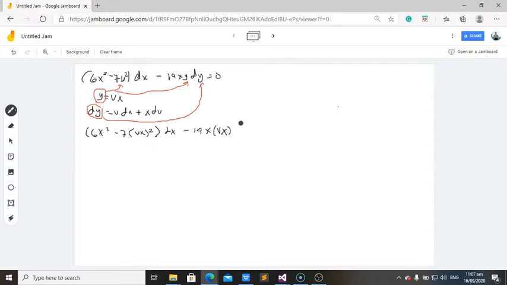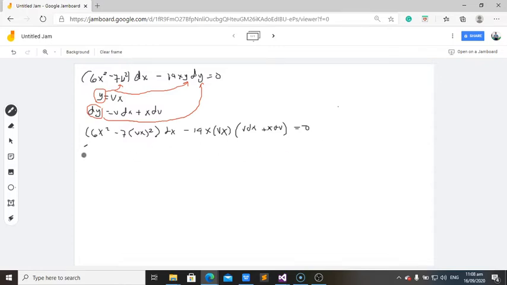Tapos ang dy na to is kini v dx plus x dv equals 0. So after that we'll just simplify. Okay, just simplifying.